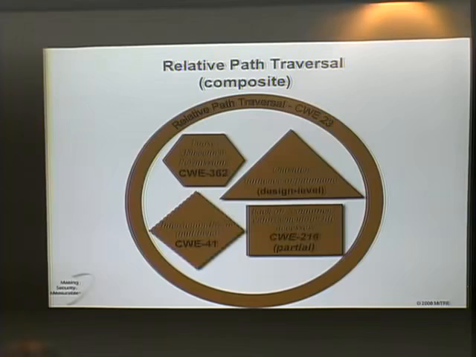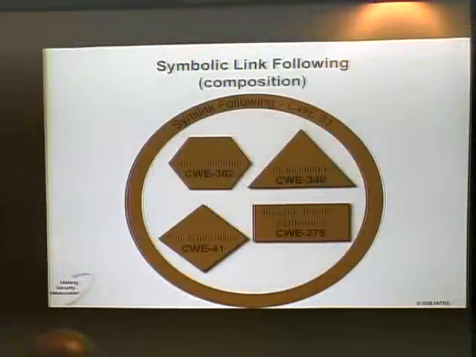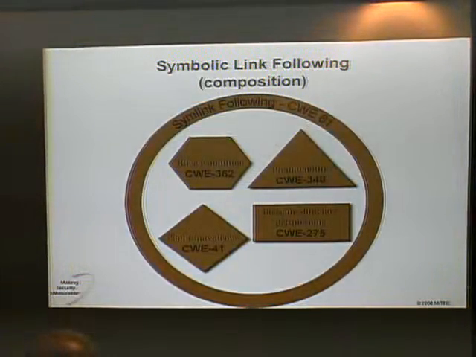So if you understand what those different parameters are, and this is not the one to generalize on, the idea is to recognize these, and Draft 8 started showing some of these also. Symlink following is another example of a design issue. Here is a permissions issue, so it's a configuration issue.